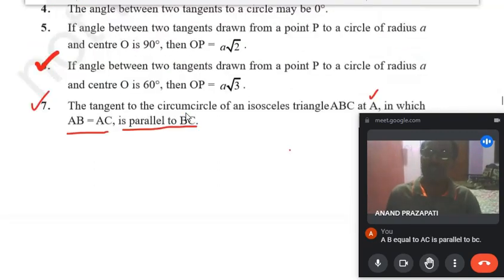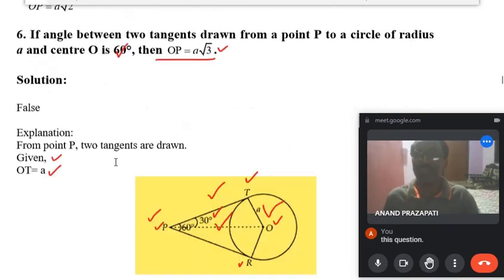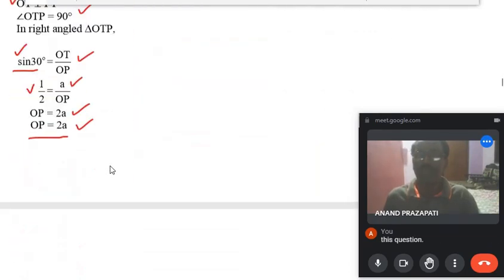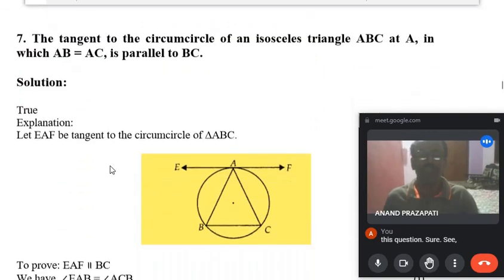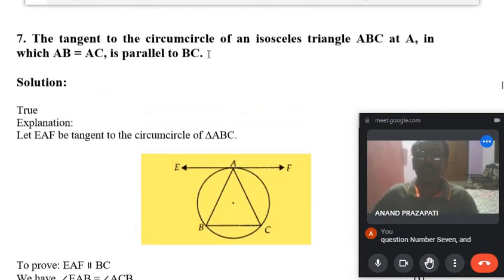Hope there is no problem understanding the question. Let's see the explanation of this question. This is the explanation of question number 7, and this statement is true.